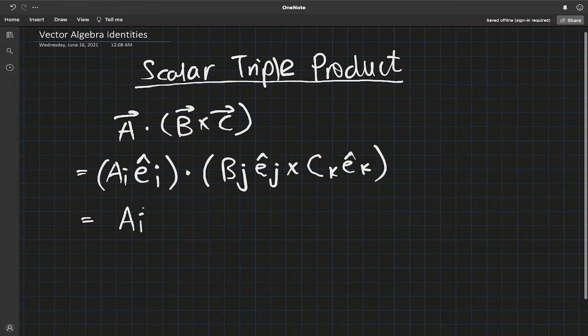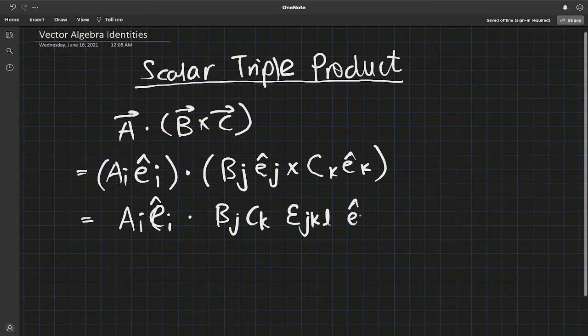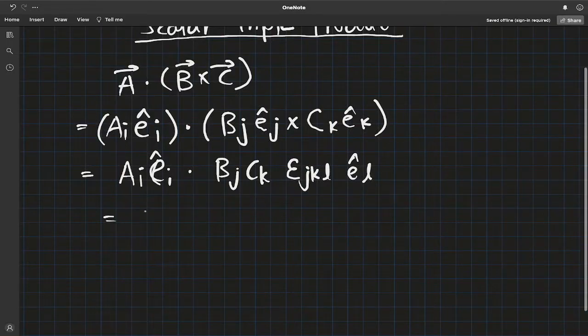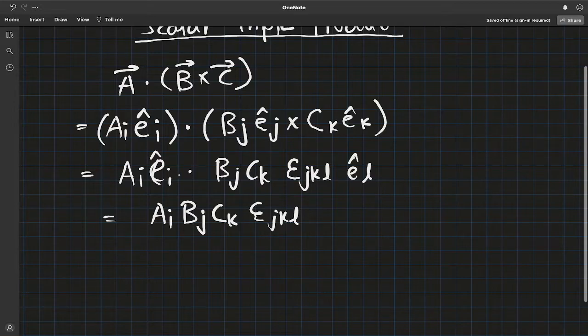Okay, so we have A_i e_i hat, dotted with B_j C_k epsilon_jkl e_l hat. And now pull the scalar components outside along with the Levi-Civita, and the e_i hat dotted with the e_l hat gives you a Kronecker delta_il.